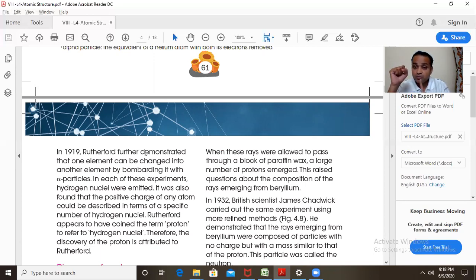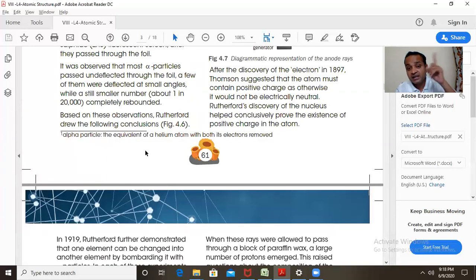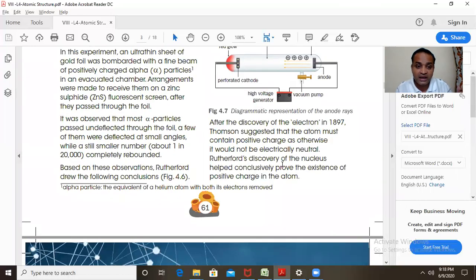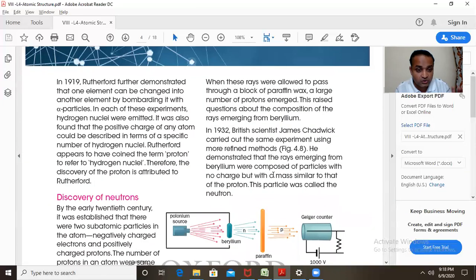One positive charge means one proton, and in this way the term proton came into existence. And again, studying the work of Goldstein, it was done further. The positively charged particles which were given out were called protons. And so the credit for the discovery of protons is totally given to Sir Rutherford.